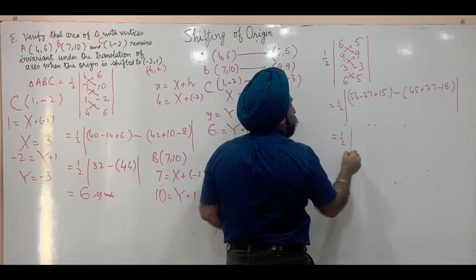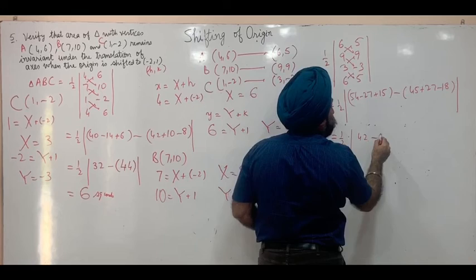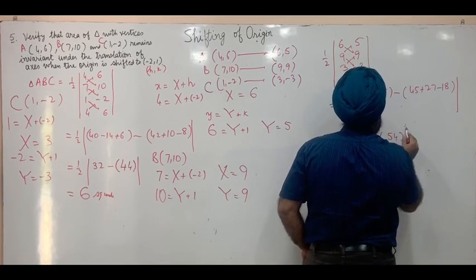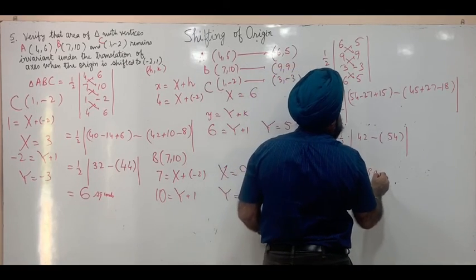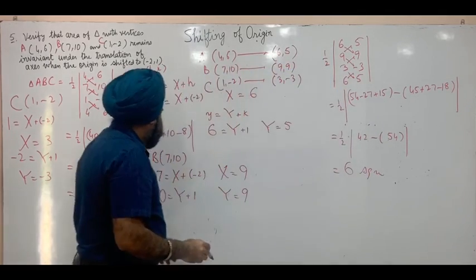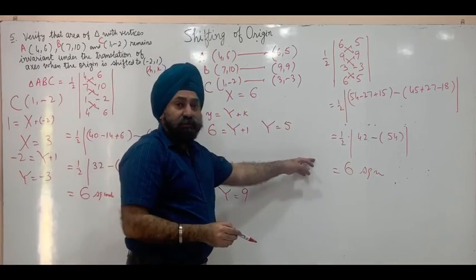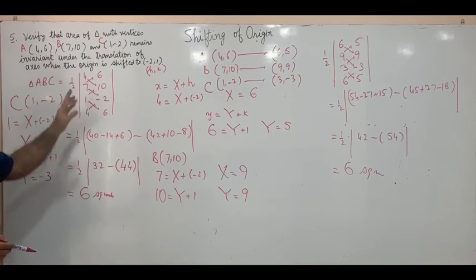This is half. This will be 27 plus 15, 42, and this is 45 plus 9, 54. This is 12 upon 2, 6 square units. Area of the triangle is 6 square units. Now also it's 6 square units. That is, area is invariant under translation.